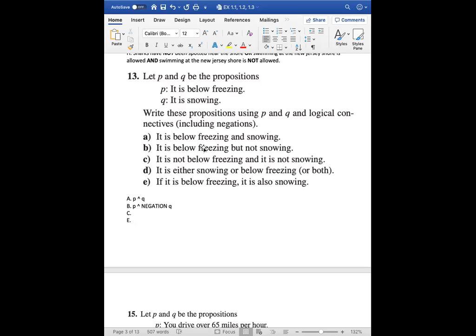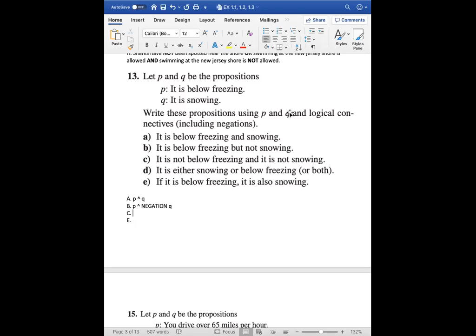It's a condition that it is below freezing but not snowing, so it is emphasizing that both hold. So you have to use the word "and". We cannot use the word "or" for this. All right, thank you.